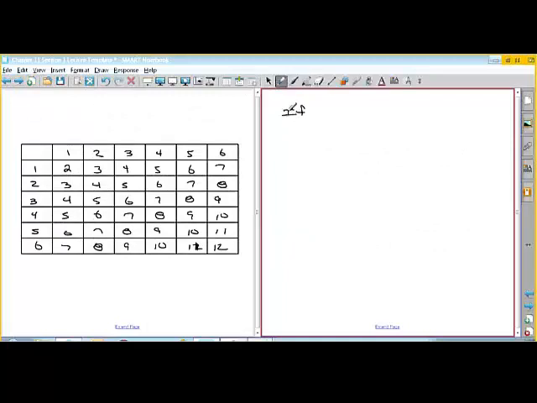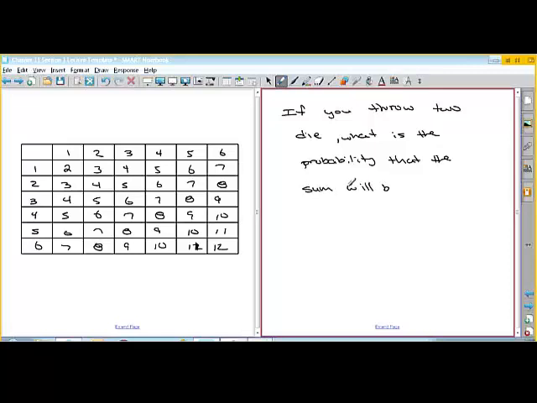So if I ask the question, if you throw 2 dice, what is the probability that the sum will be 5?